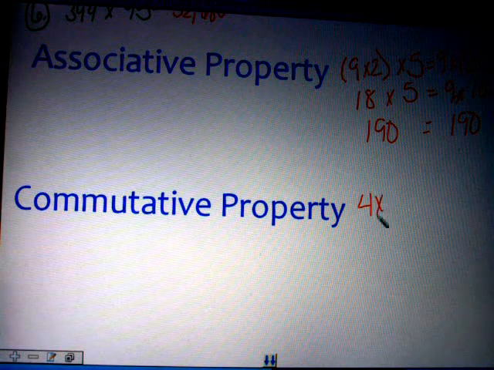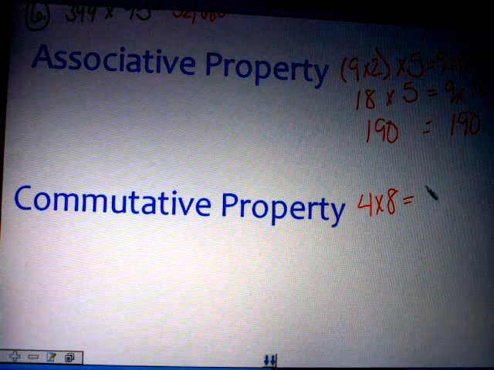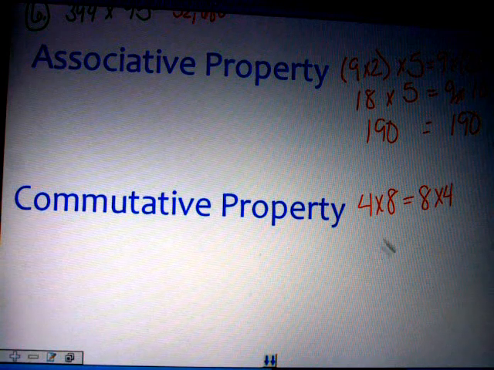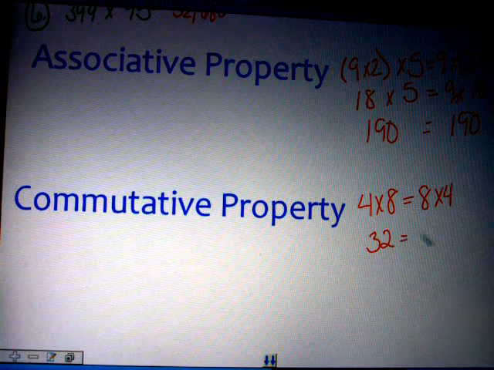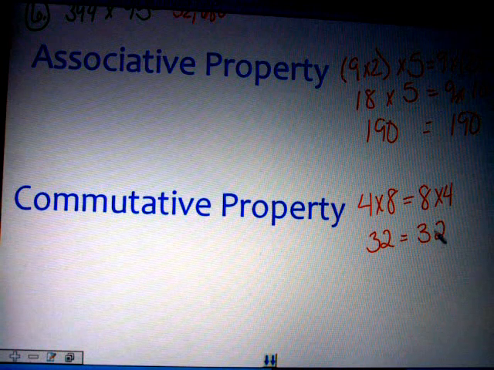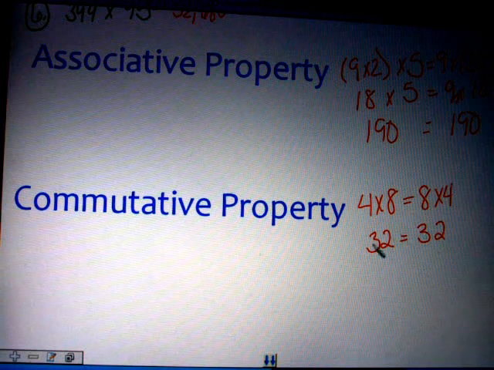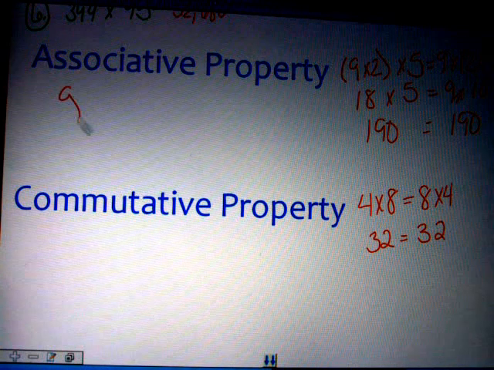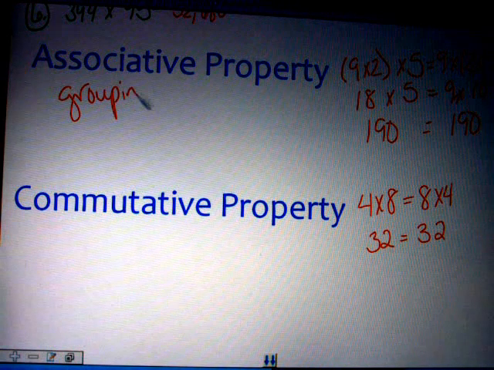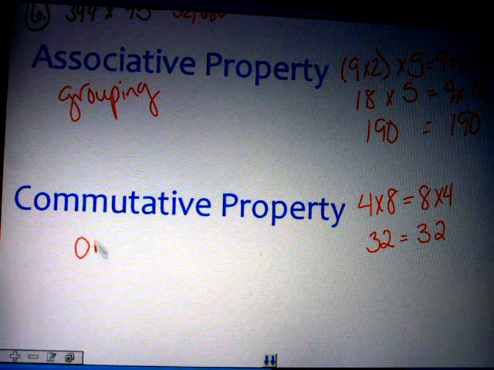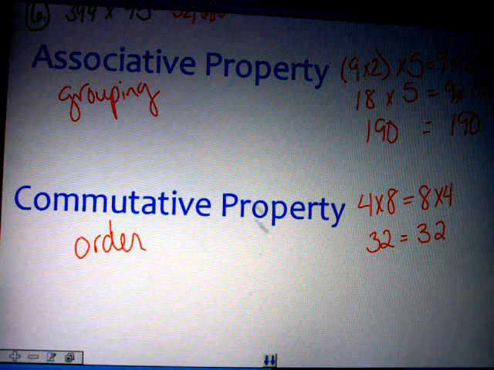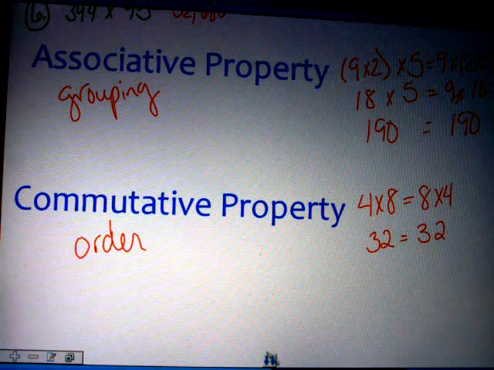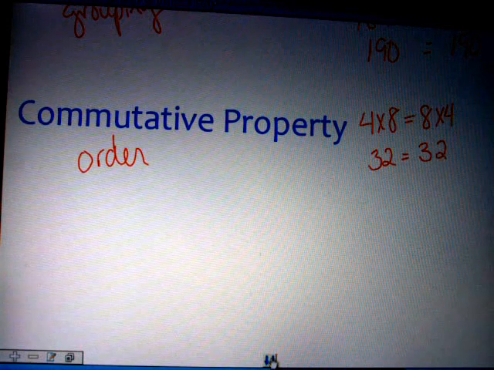So 4 times 8 is the same thing as 8 times 4, and they both equal 32. So we know that these work out to be the same. Notice this has to do with order. This has to do with grouping. Commutative has to do with order, and the same rules apply as they did with the addition properties. We're just giving them a slightly different look because we're dealing with multiplication.